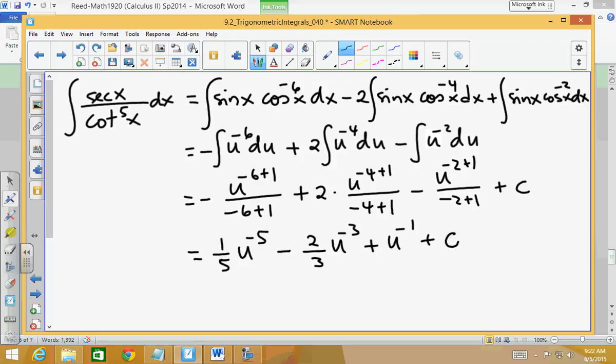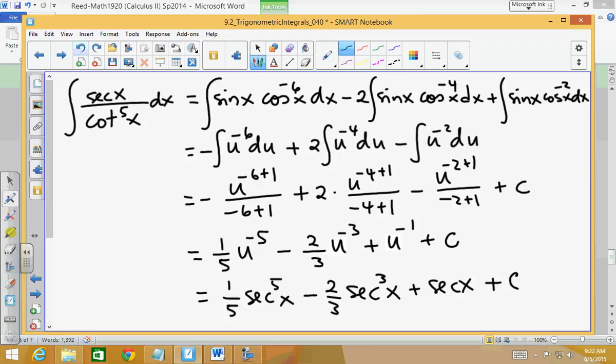Now let's simplify that. We get 1 over 5 secant to the fifth x minus 2 over 3 secant to the third x plus secant x plus a constant.